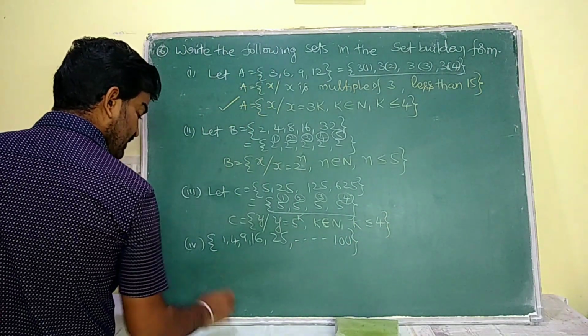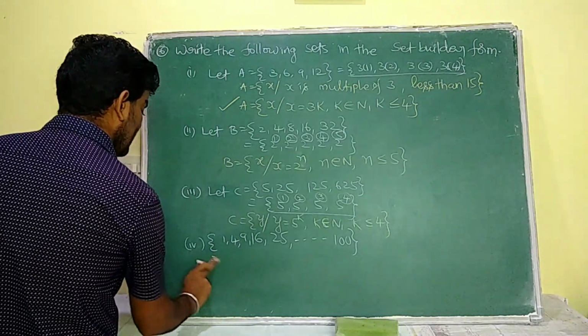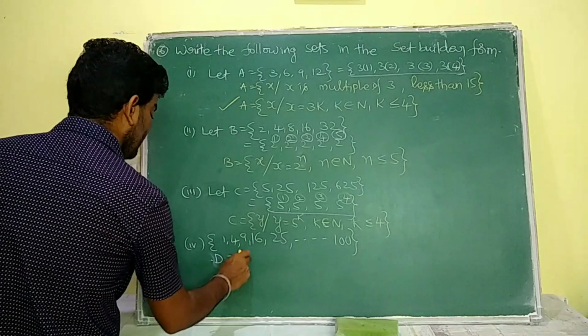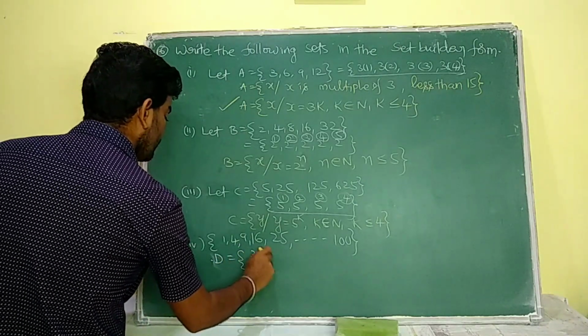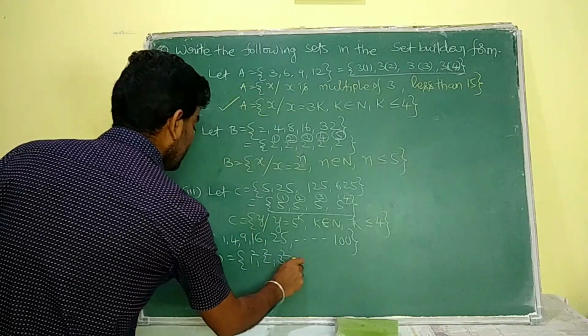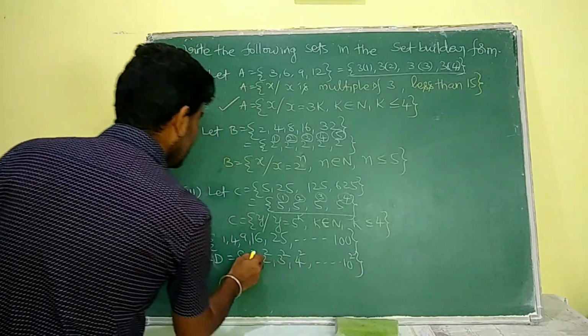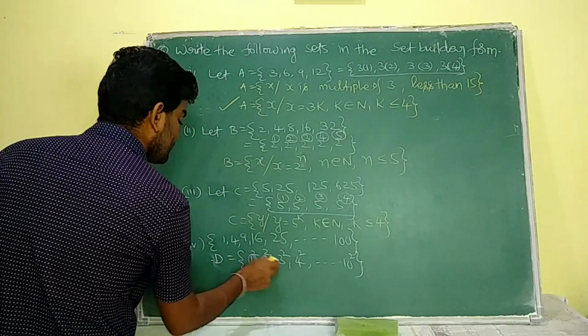Similarly here, this set is, let us suppose, D. All the elements of this set D are like 1 square, 2 square, 3 square, 4 square, so on up to 10 square. That means the changing values are the bases.